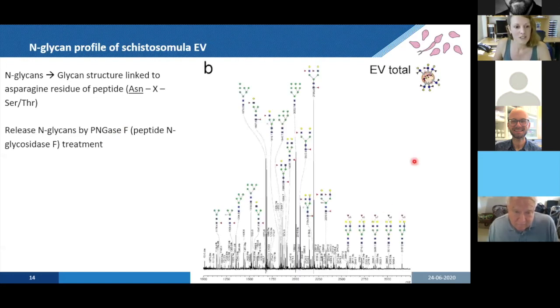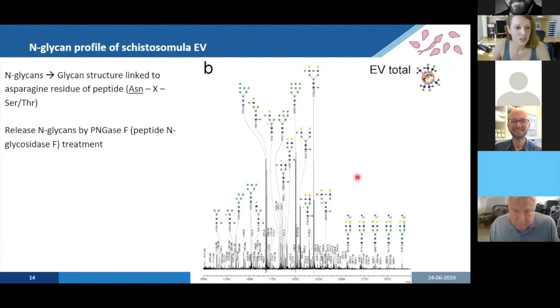And what we did see, and I know it's quite a complex picture if you're not used to looking at mass spec pictures, but the important thing to know is that there's no y-axis because these are not quantitative measurements, but a relative abundance. So the higher the peak, the more it is present compared to the other motifs in this measurement.